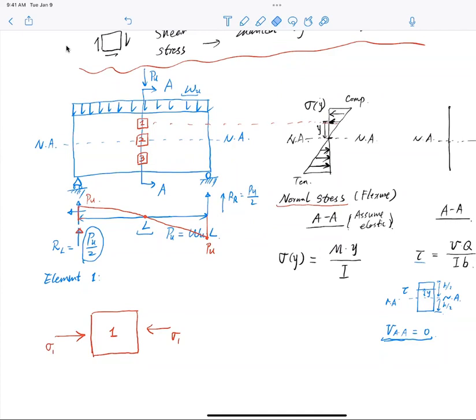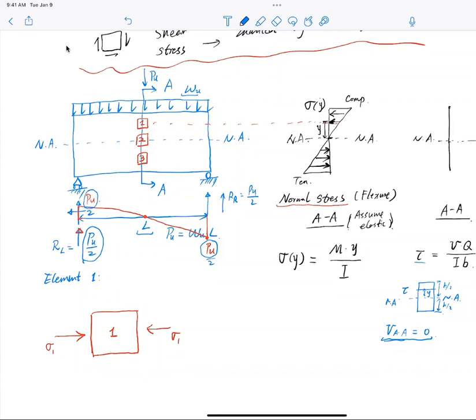But if I want to take a look at the shear stress alone, what I need to see is that I have a maximum shear stress at the end of the beam. So that's where the shear stress should be looked at. So in the simple distributed loading, what I end up with is so-called stress decoupling.